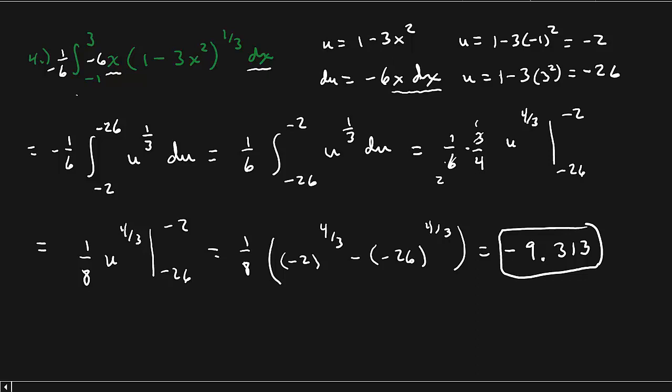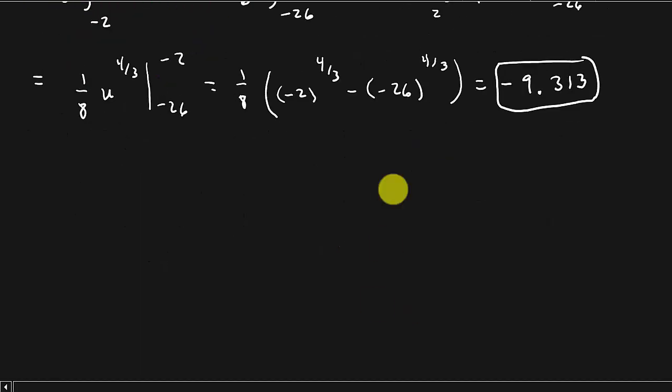So you think about it, that problem was not any more difficult than the ones we've done previously. It's just a little nastier having to evaluate this, but you've got a calculator for it, so just punch it into your calculator.